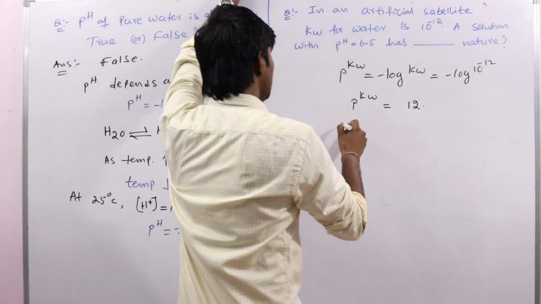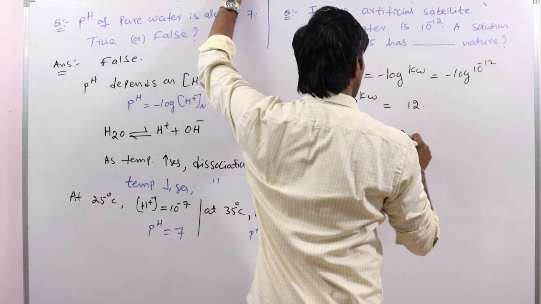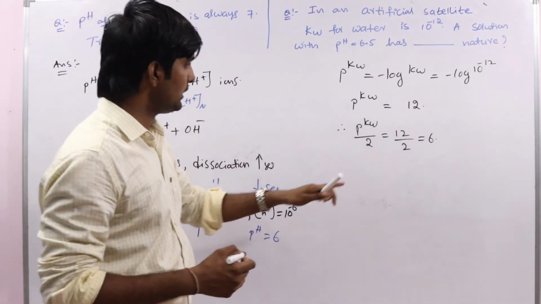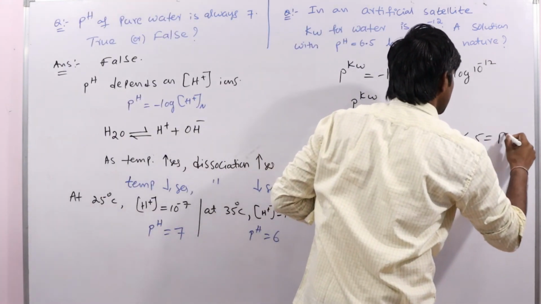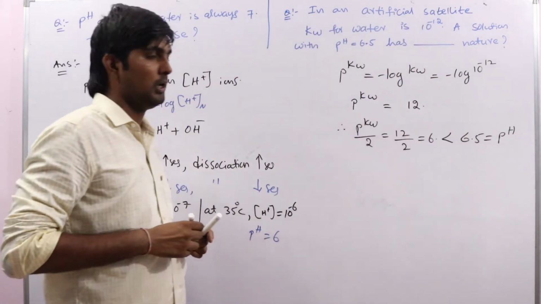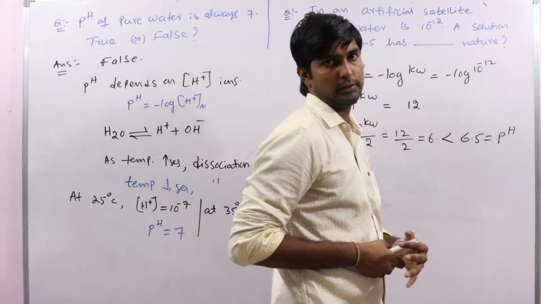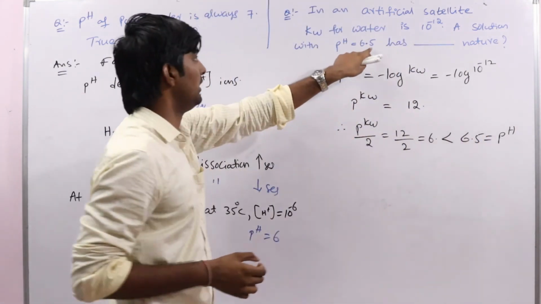And pKw by 2 is equal to 12 by 2, that is equal to 6. Yes or no? See, this 6 is less than 6.5, which is the pH of the solution.